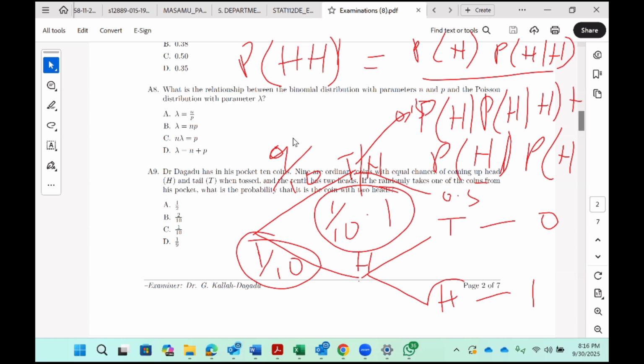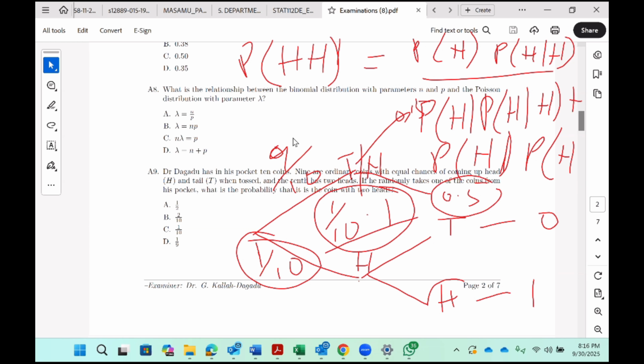So the probability that the coin that you pick is two heads will be 1 over 10, and it is a head. So that will be this one, and the other side here, this thing was a head. So that will also be this times this.